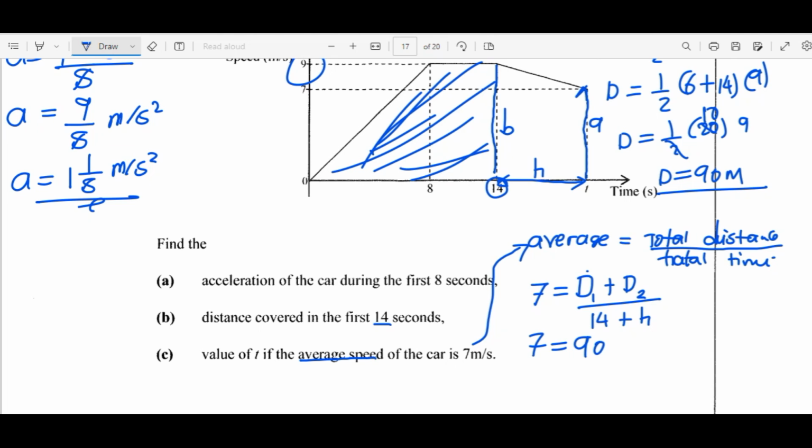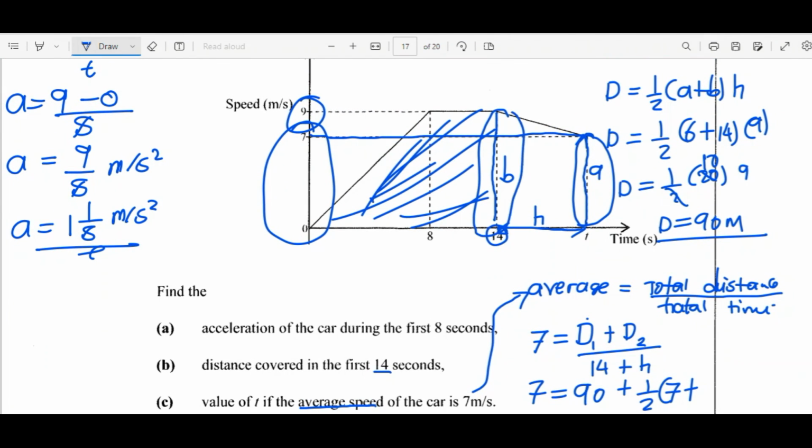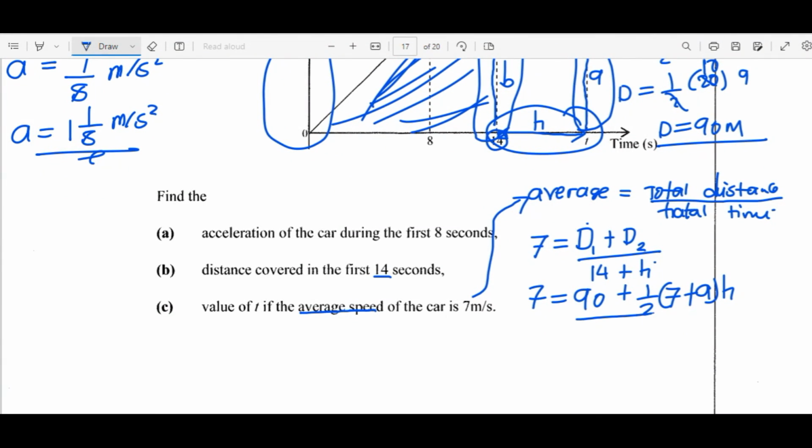So we have 90 plus the formula for trapezium, which we know is half (A plus B). Now, what is my A? This is my A, which is 7, plus what is my B? My B is this one, 9. What is my H? I don't have it, so I'm going to say times H, over 14 plus H. We cross multiply.